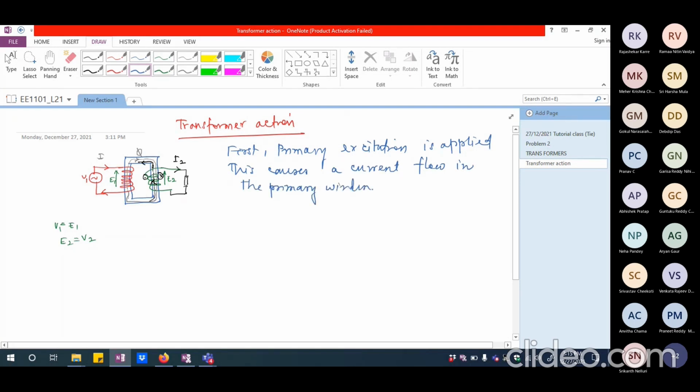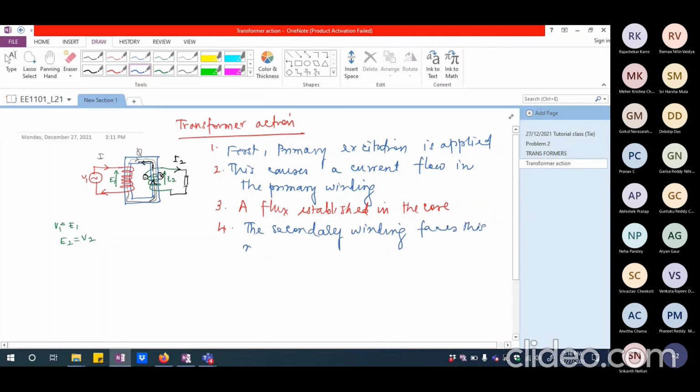Because of the current flow, a flux is established in the core. Now the secondary winding faces this flux. Mutual flux.